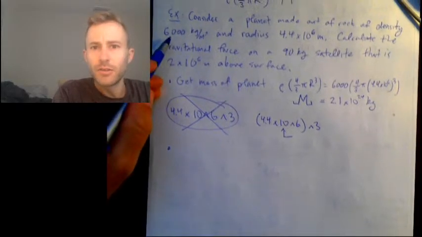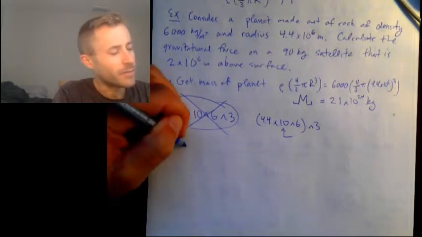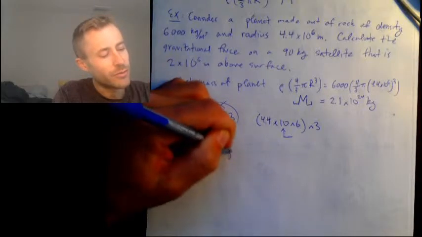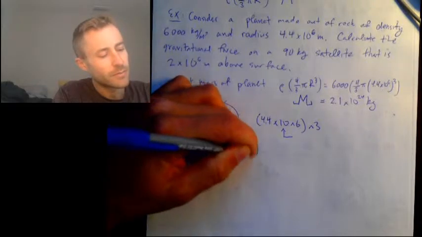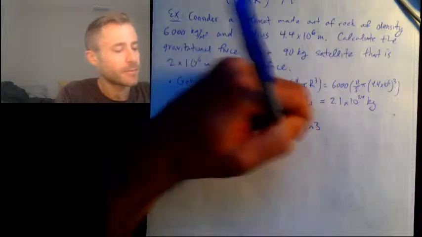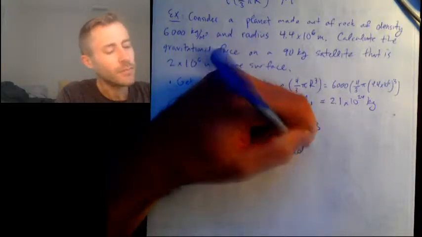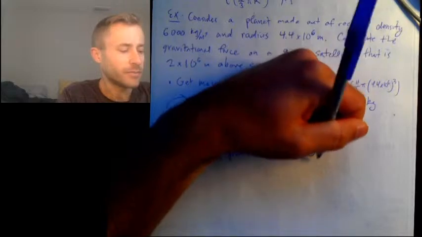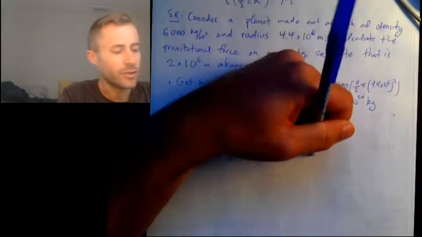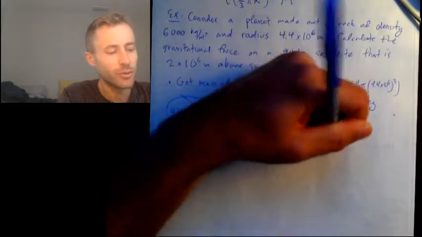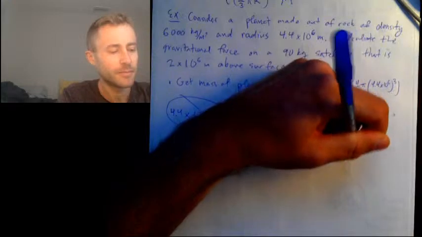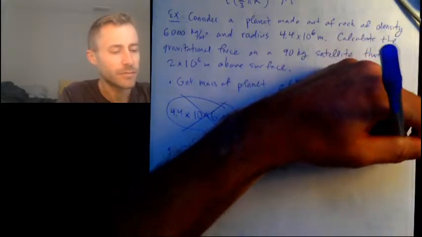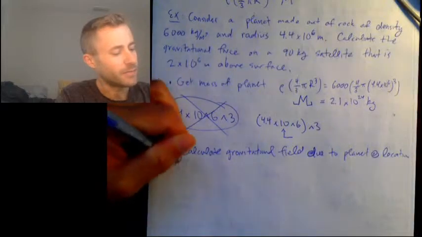Okay, so now we have to calculate the gravitational field due to the planet at the location of the satellite.